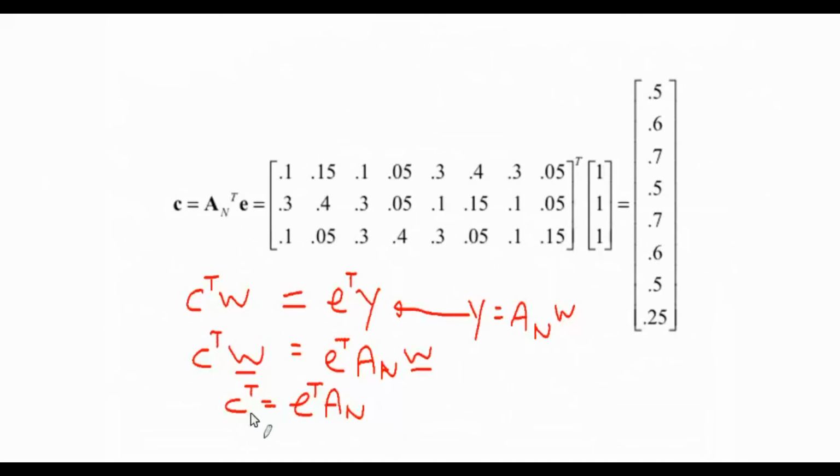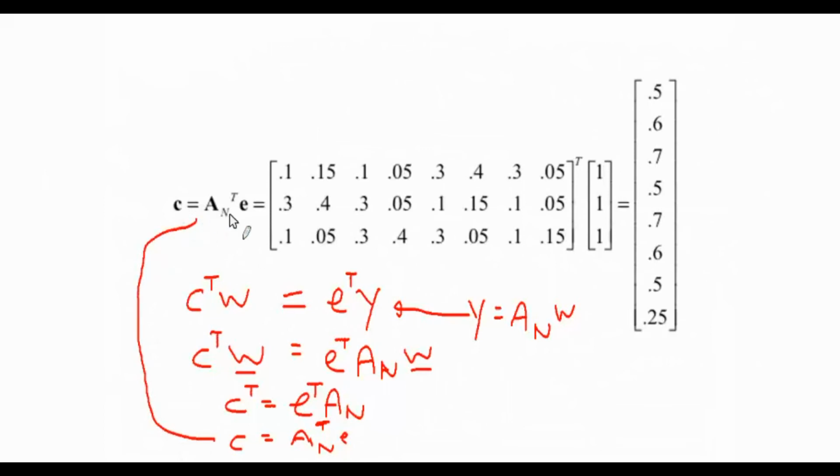Well, we really want a C instead of a C transpose, so let's transpose both sides. What that gives us is C is equal to A sub n transpose times E. And that just happens to be what we have up here.